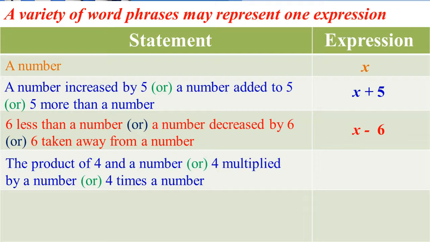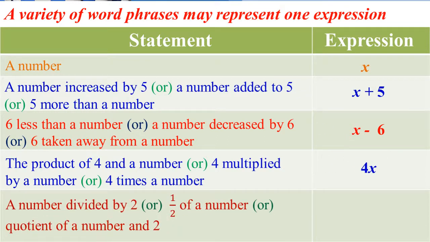The next one, the product of 4 and a number, or 4 multiplied by a number, or 4 times a number. So here product, multiplied, times is denoted by multiplication. So here we have to write 4x.